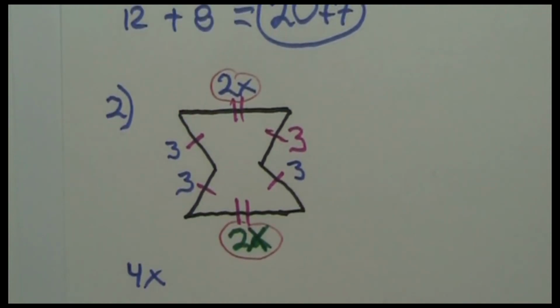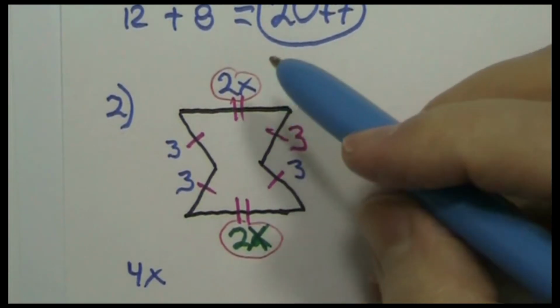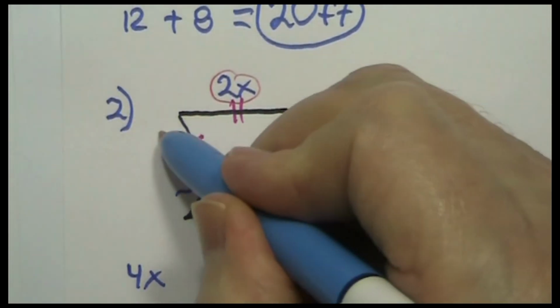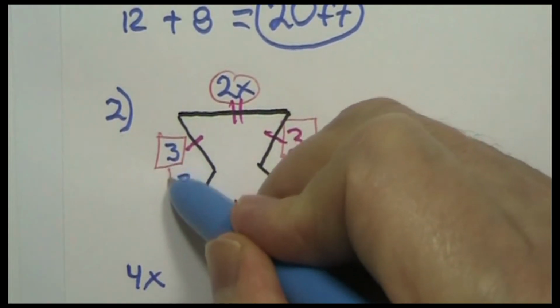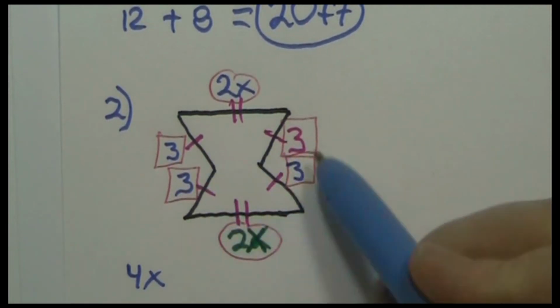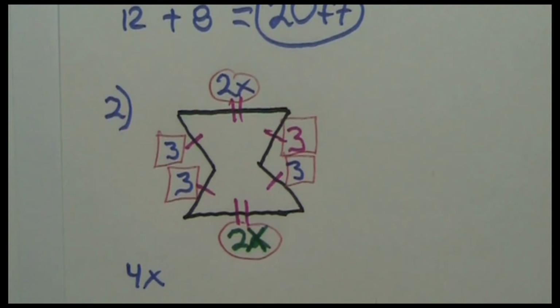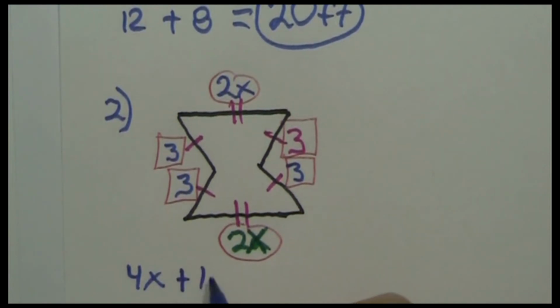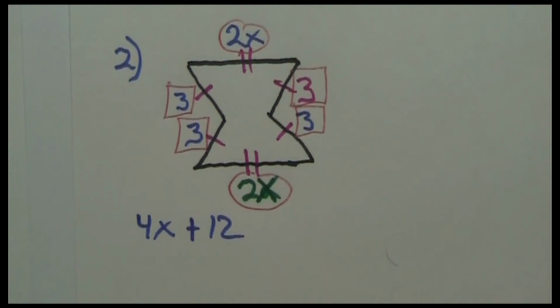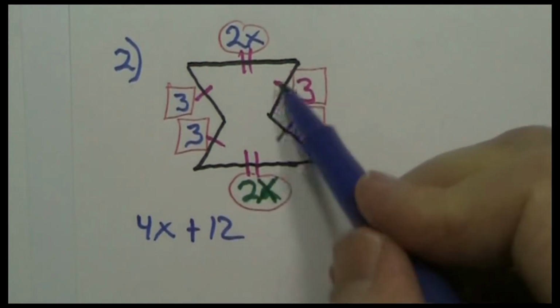And then for the numbers, I have 3, 3, 3, 3. If I add those together, that's 3, 6, 9, 12. So that means it is 4x plus 12. That's the expression of the perimeter going around here.